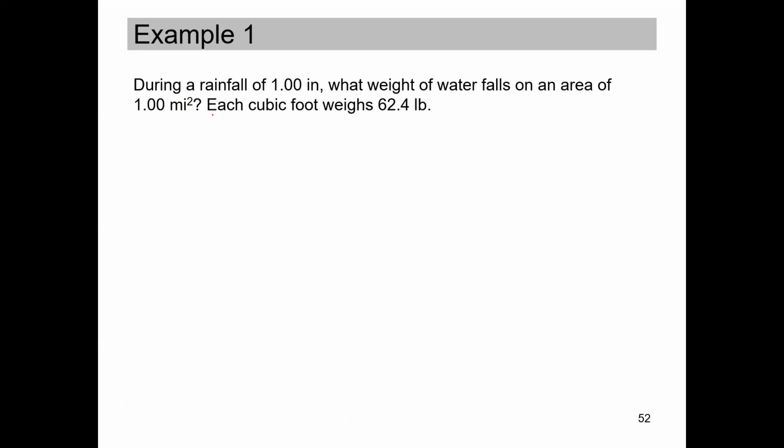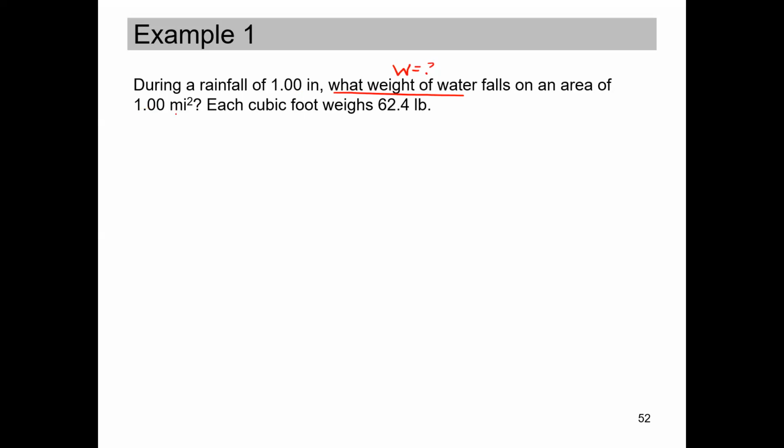And then we're given each cubic foot weighs 62.4 pounds. So figuring out what I'm trying to find, it says what weight of water, so we don't know the weight, falls on an area that's 1 square mile, and it's an inch of rain.